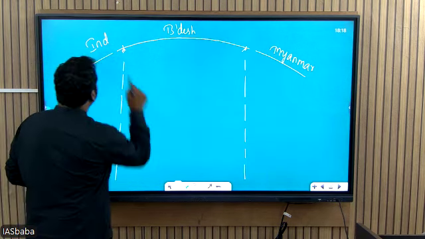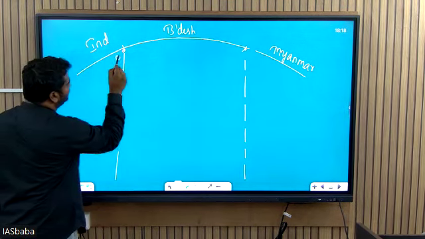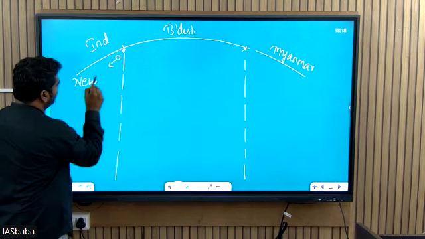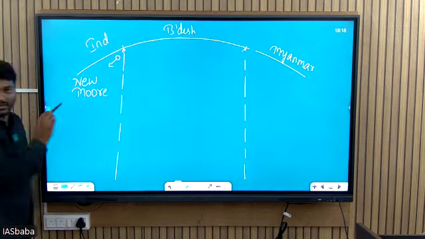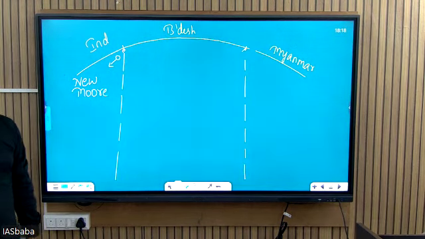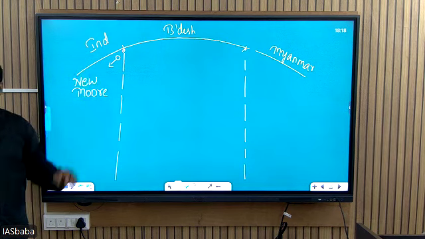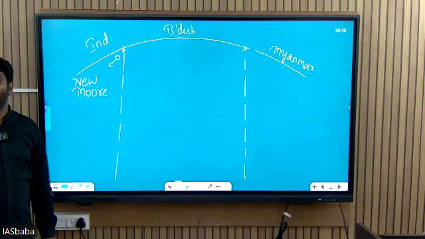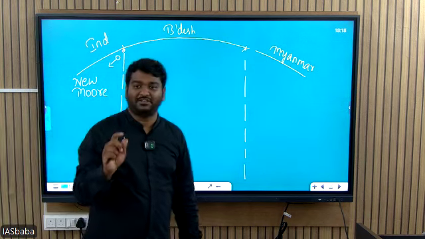Actually, there is an island here, guys. There is a small island here, which is called New Moore Island. It is exactly in between India and Bangladesh. It was disputed territory. There, people normally use it to say the dispute between India and Bangladesh is resolved by climate change.